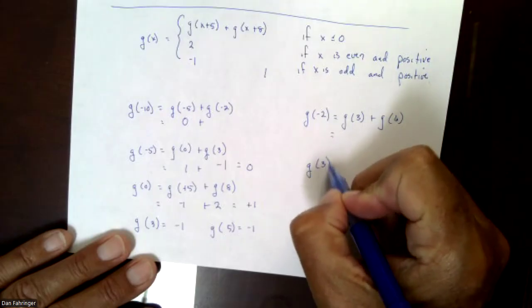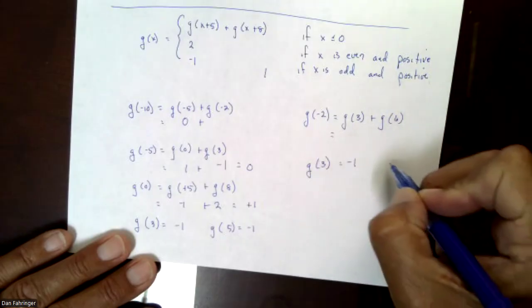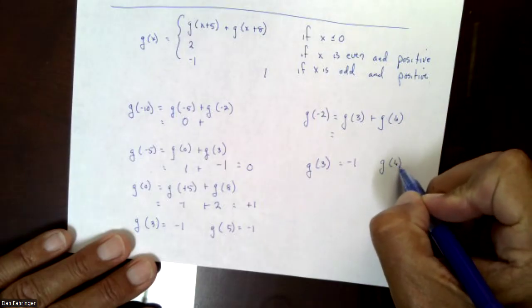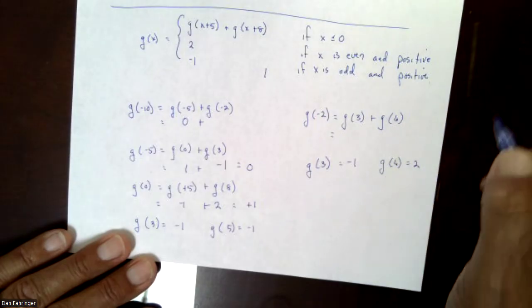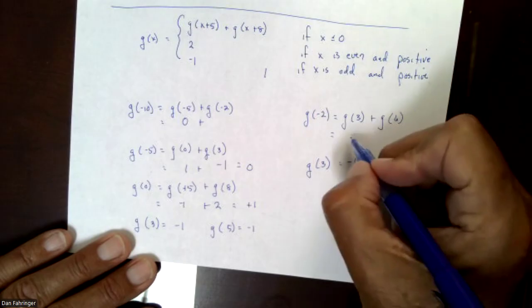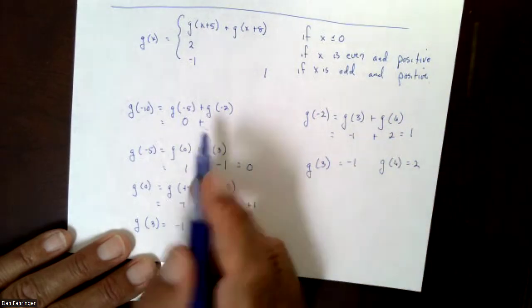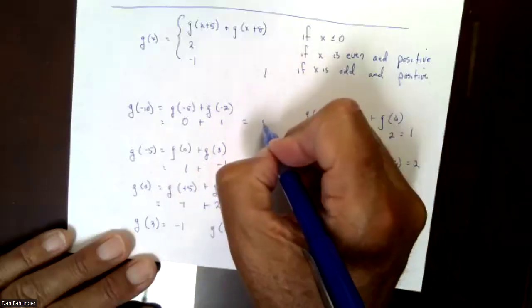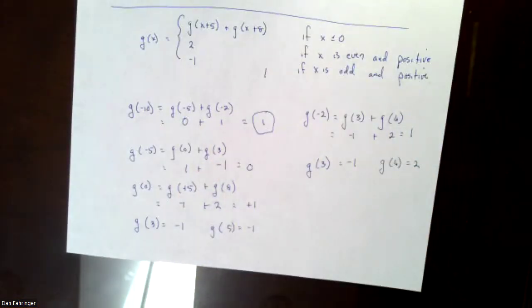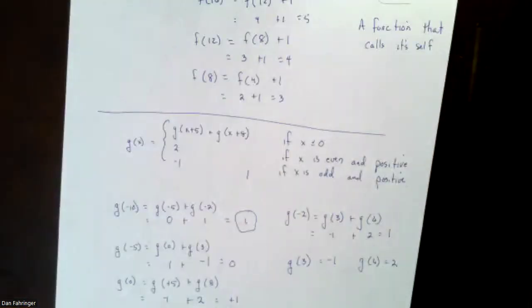G of 3 is going to be negative 1. G of 6 looks like that's 2. So negative 1 plus 2 equals positive 1. So g of negative 2 is 1. Yeah, we got the answer.